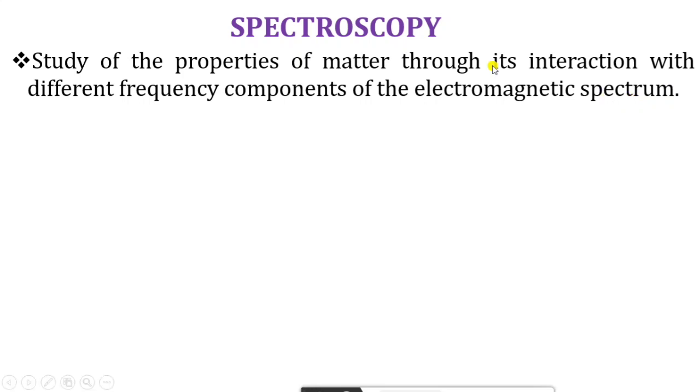Electromagnetic radiation contains a magnetic component as well as an electric component. How this matter is interacting with either the magnetic component or the electric component of an electromagnetic radiation, that study is known as spectroscopy.